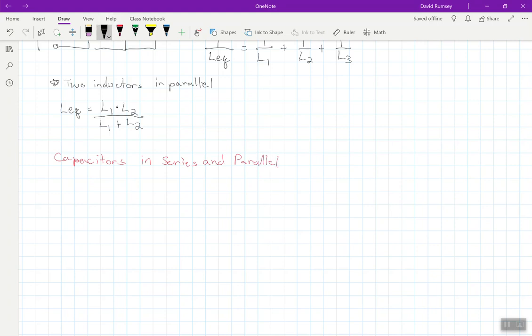Okay, so capacitors in series and parallel. Let's go ahead and do the same thing we did before. I'll draw 3 capacitors here in series, and then we're looking for some equivalent capacitance.